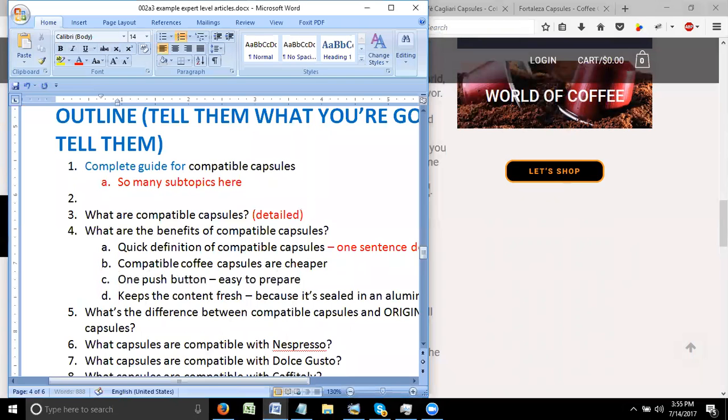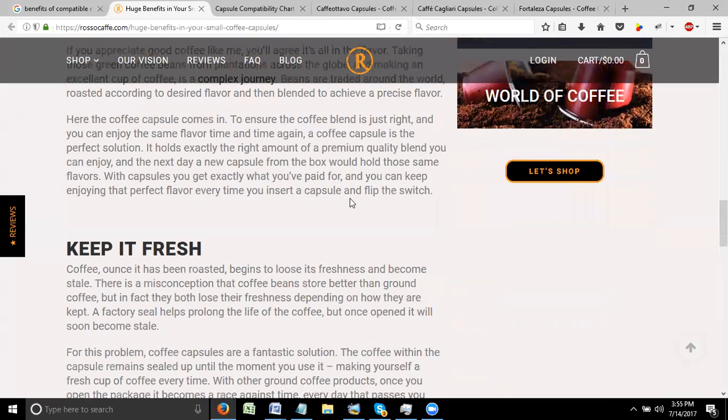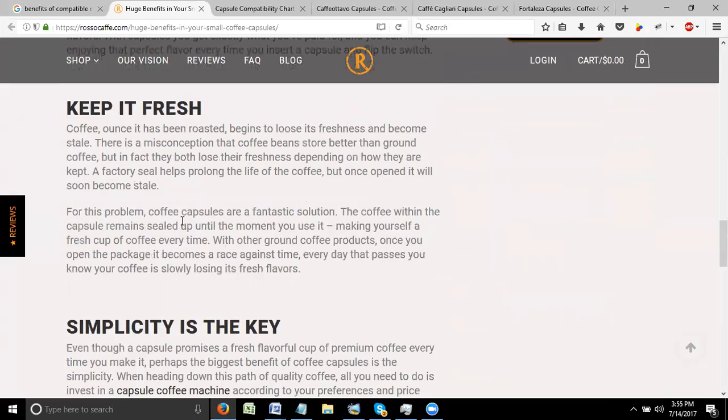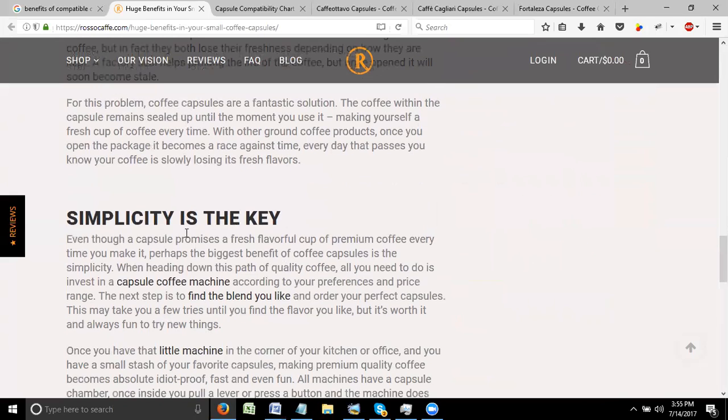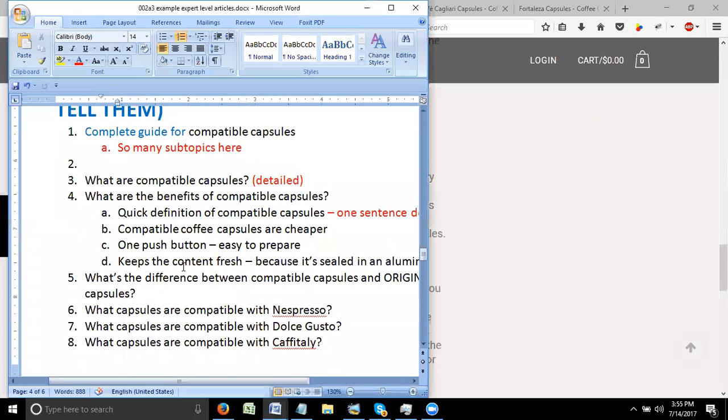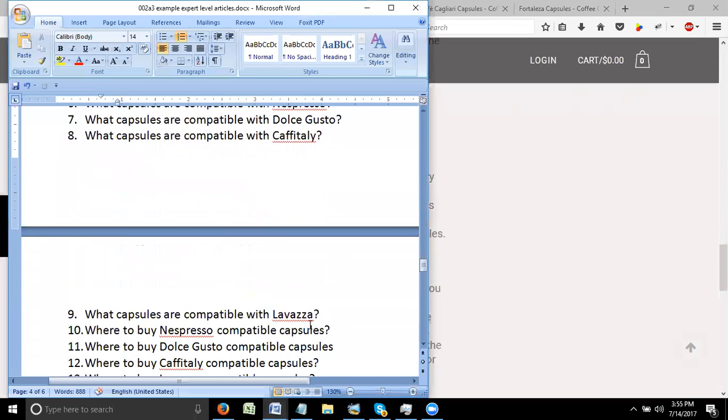So it's easy to prepare. Okay, so another idea here, it's unrelated, is a coffee capsule machine. So we might add that somewhere here.